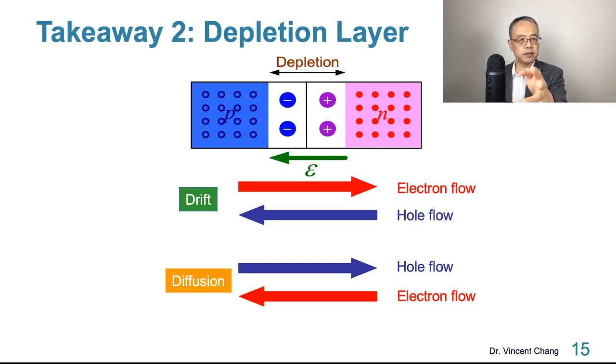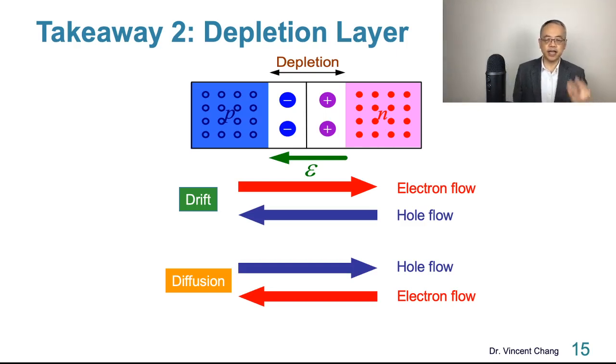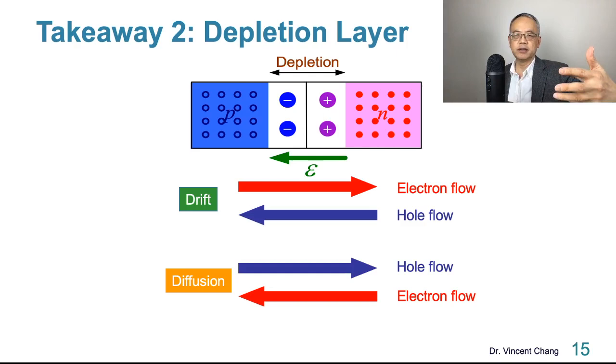So you see a lot of negative ions in this area. What does that mean? That means you lose a lot of hole carriers in this area. That means a lot of hole carriers are depleted during the process. Same thing, you see a lot of donor ions, which means what?